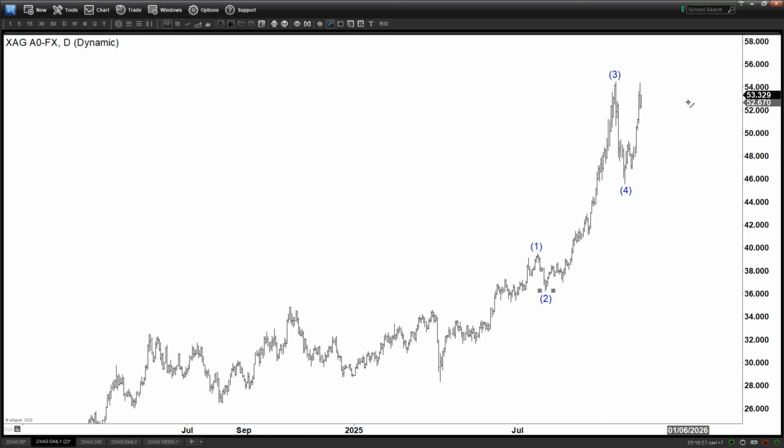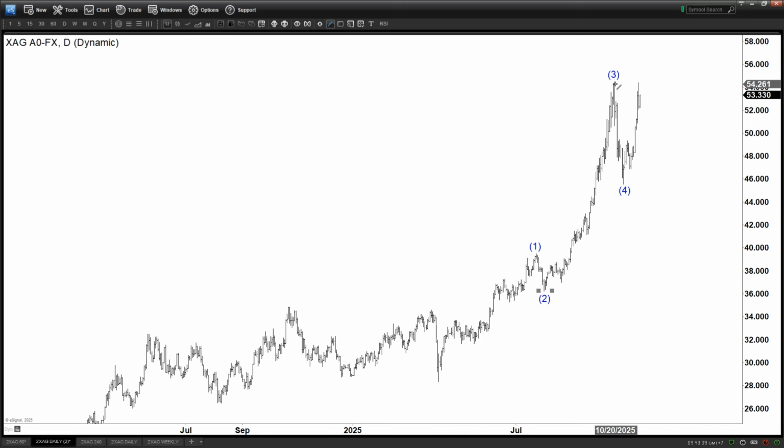Now the alternate, in reality, until it breaks above wave 3, you can always do this double. So you can call this a zigzag like this, for example, or this is probably to pick as a wave 4, and then the count changes again. So that will be the alternate. But what is the likelihood of that happening? I think it's small. Why? Because we almost break above the previous peak, right?